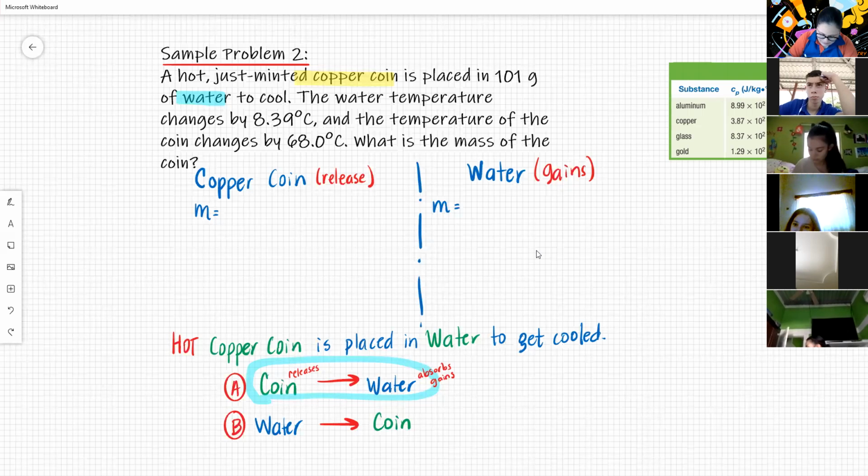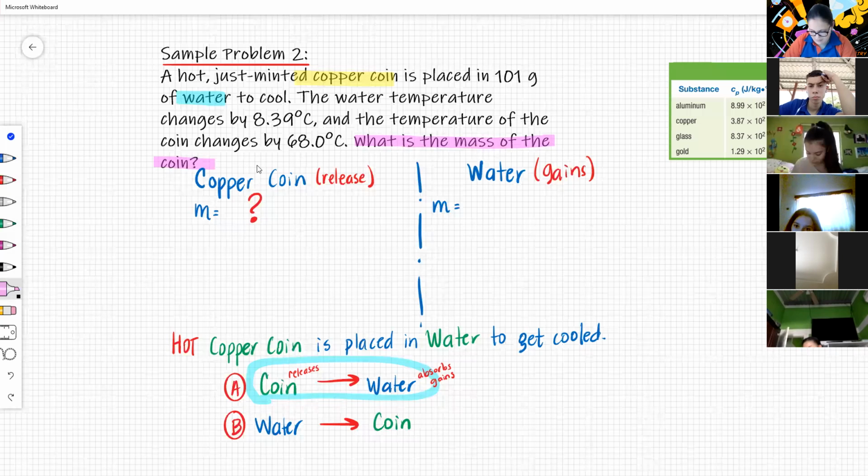So, no, the copper coin, I don't have the mass. Actually, I'm looking for the mass of the coin. I'm looking for the mass of the coin, but I know the mass of water, that is 101 grams.